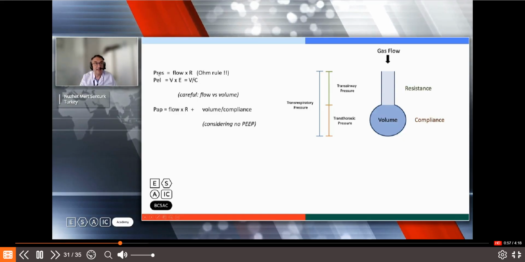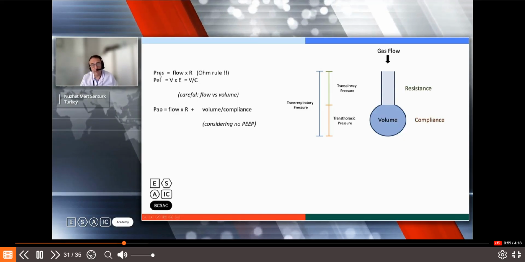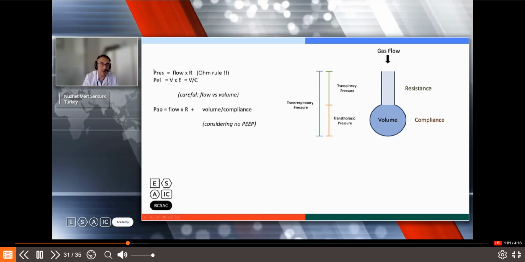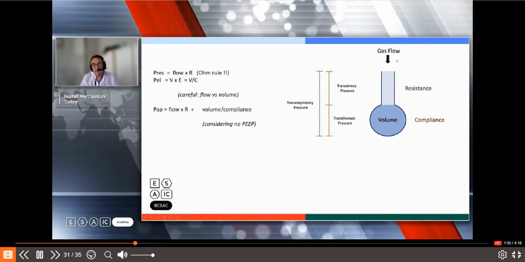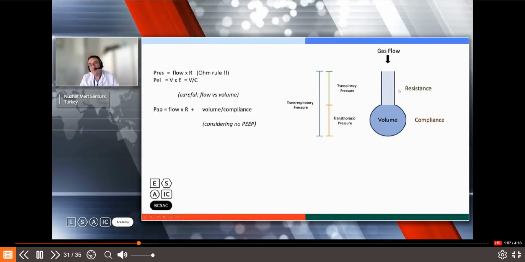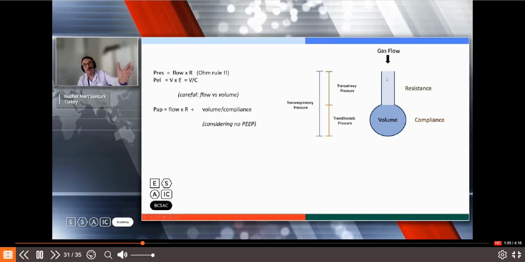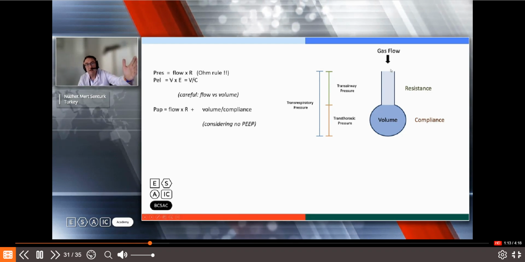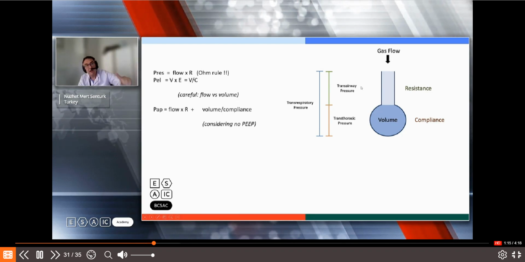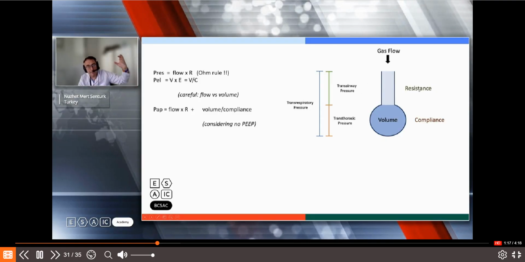So the resistive pressure, if you turn the equation, is the flow times the resistance in the airway. That means if you have an increase in airway resistance, which is the case in COPD patients, the obstructive lung diseases, the transairway pressure will be higher than expected.